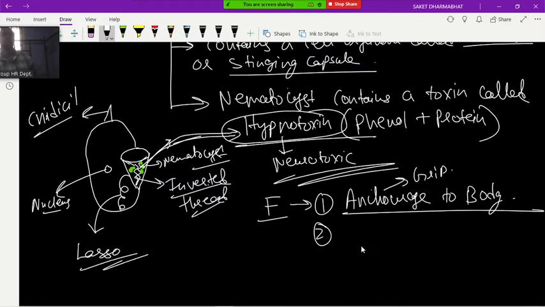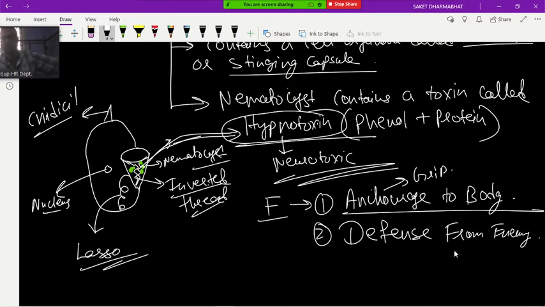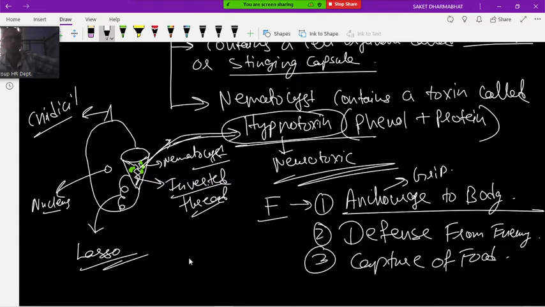Second, defense from enemy. Third is what? Capture of food. So all coelenterates are what? Carnivorous.